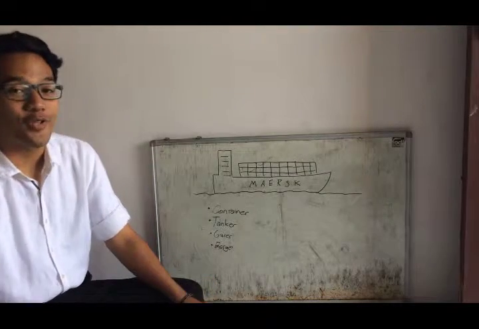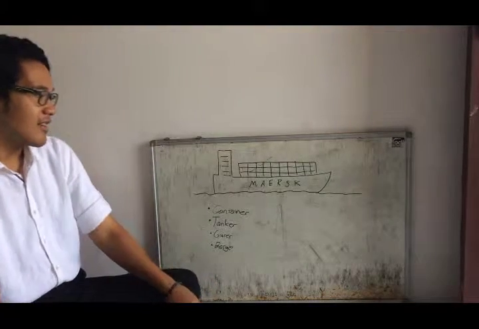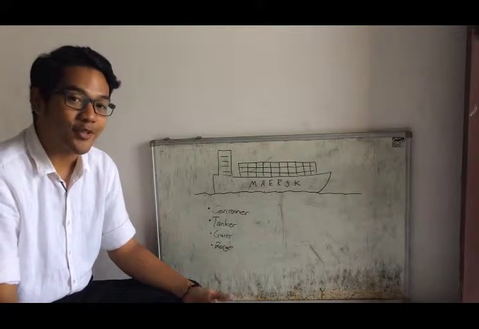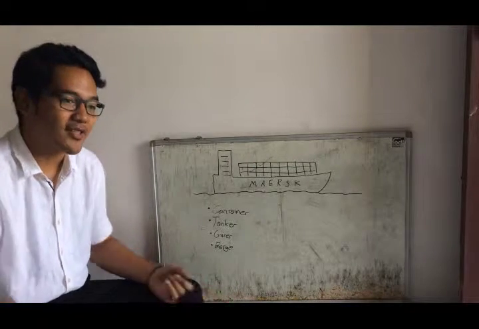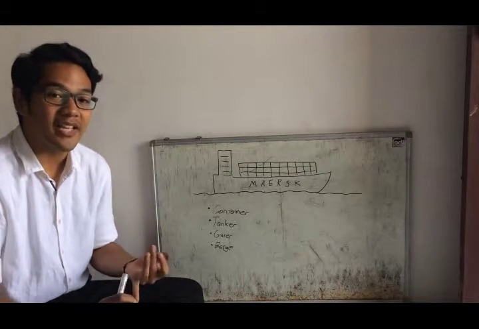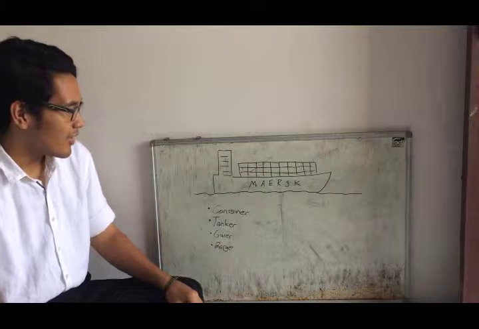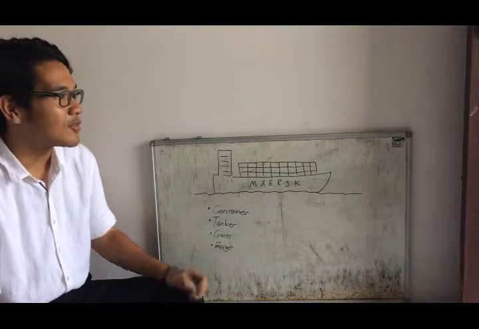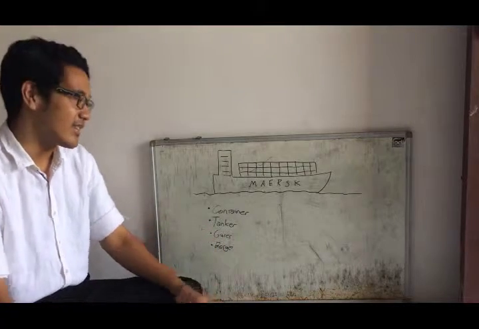And next is waterway transportation. This is the most used transportation in export-import activity because it is capable of carrying a large capacity of cargo, and it can deliver to faraway destinations.